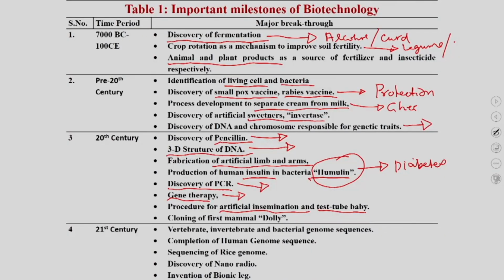And then by the end of the 20th century, humans developed the first cloned animal, and that is called Dolly. Dolly was developed completely under in vitro, artificial conditions.